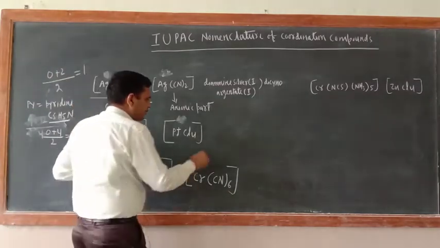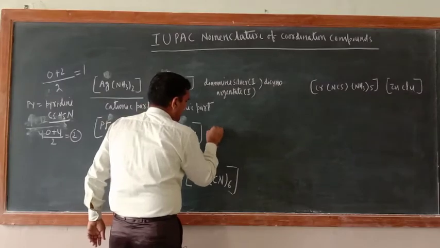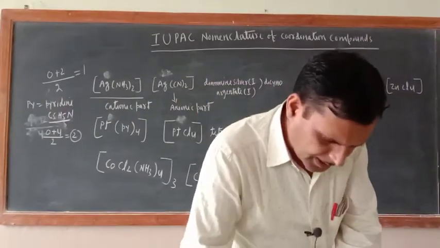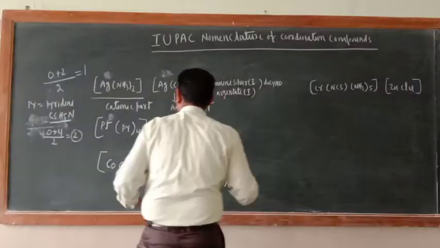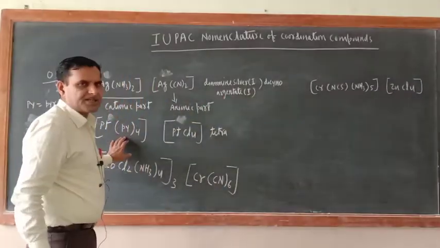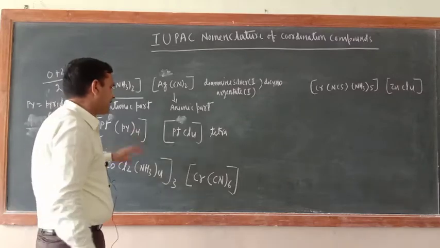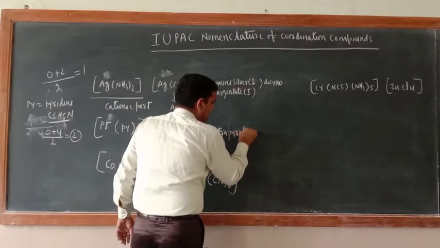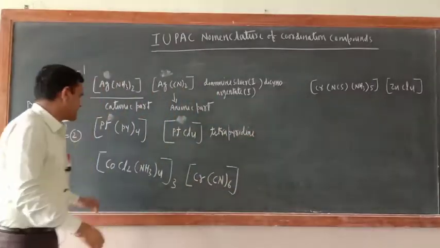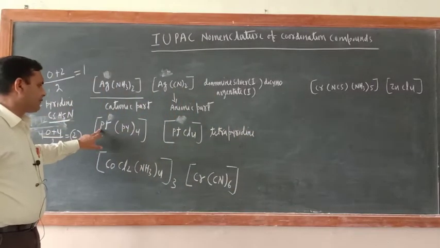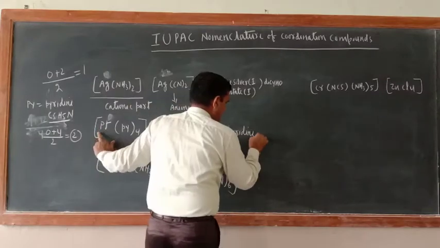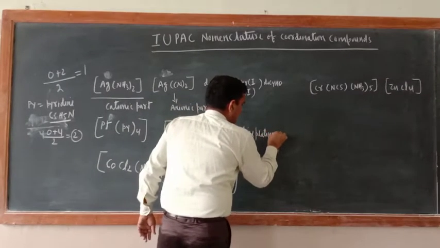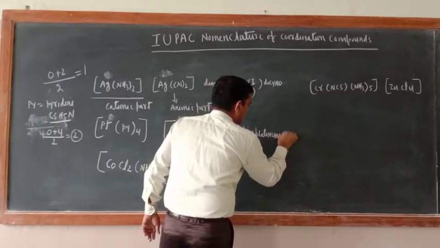Now name it. Tetrapyridine, not pyridinium. IUM is there when it is a positively charged ligand. So tetrapyridine platinum, what is the oxidation state? 2.